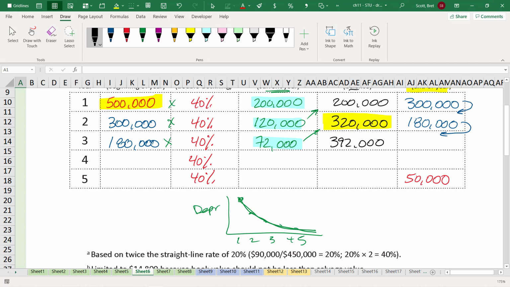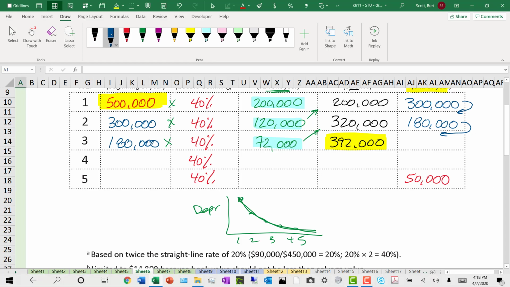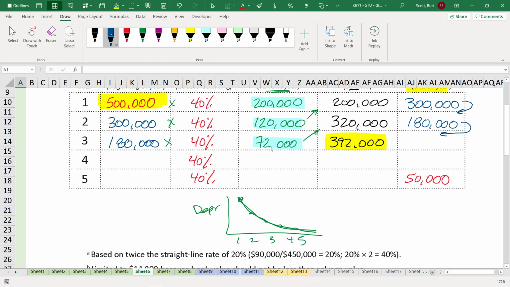So what I want to do now is subtract 392 away from the 500,000. And when I do that, I have an ending net book value of $108,000. Take that, start back over at the beginning.